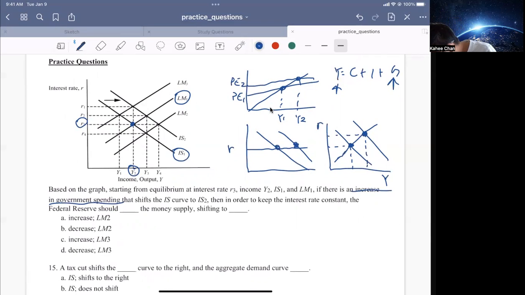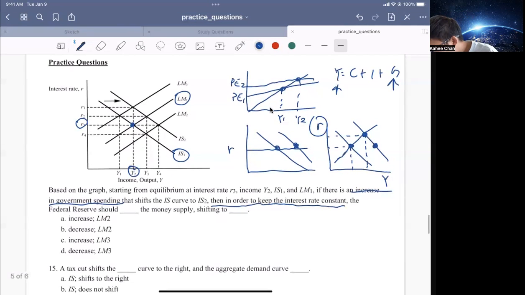And the question said, then in order to keep the interest rate constant, so we have to bring the interest rate down here, right? How can we shift the LM curve? I'm sorry, how can we shift the LM curve? So we need to shift the LM curve downward, right? We need to shift the LM curve downward so we can lower the interest rate.